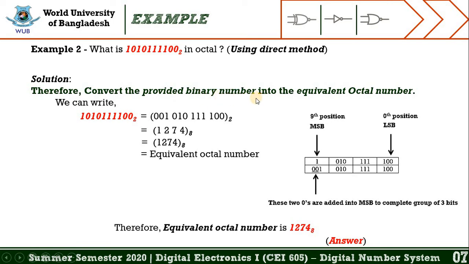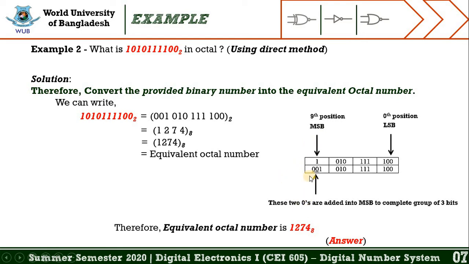Direct method means, if we look at the solution section, there is a figure, a visualization, and the given number is 1010111100. The rightmost 0 is the 0th position, which is the LSB, and the leftmost number is 1, which is in the 9th position, and which is the MSB.